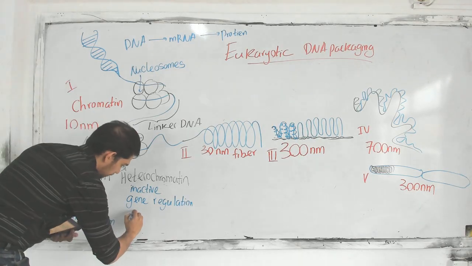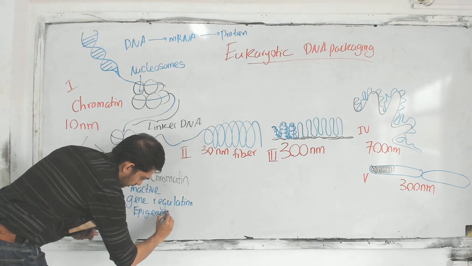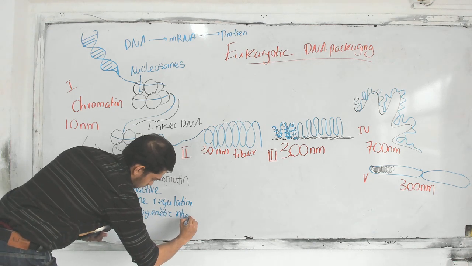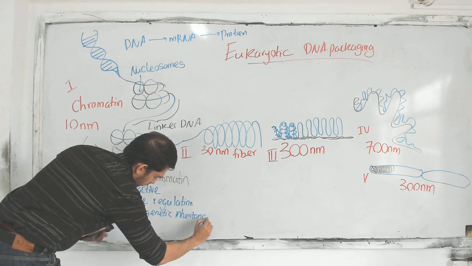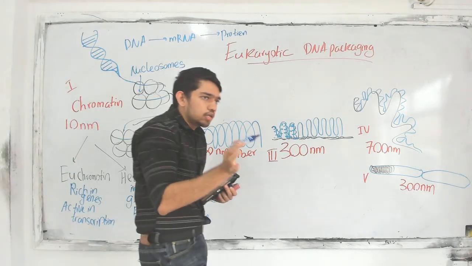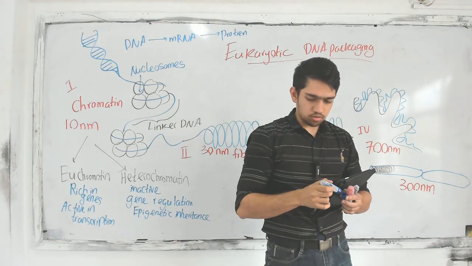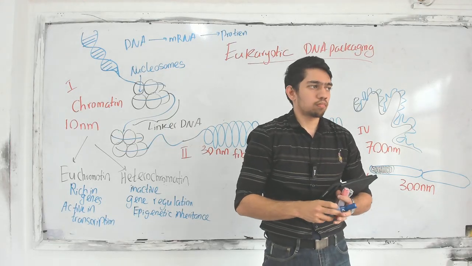There are things called epigenetic inheritance. You know these things, right? What is epigenetic inheritance? Inheritance of certain features that are not controlled by DNA information. What do you think about that?